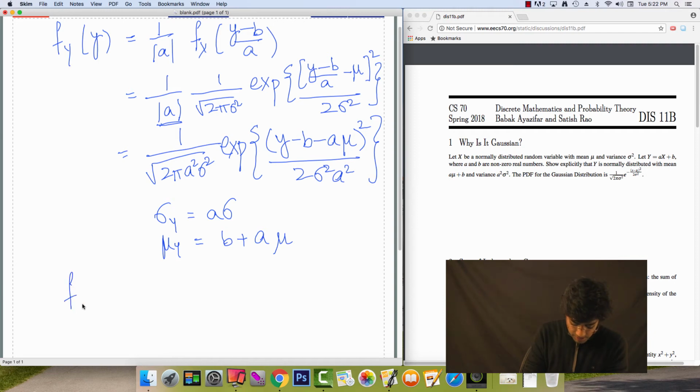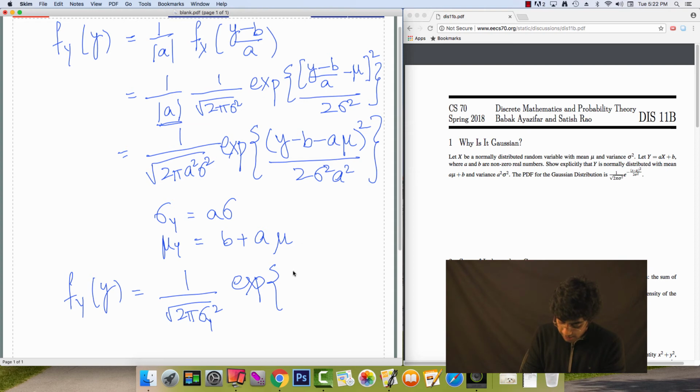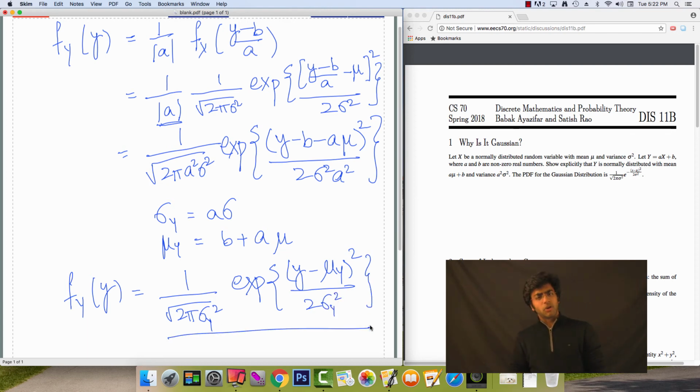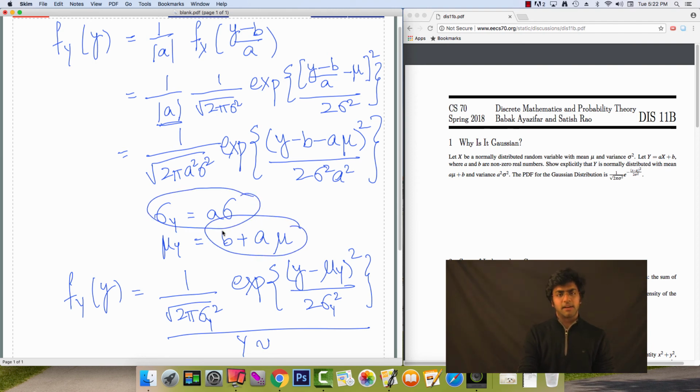So I get that my PDF is 1 over root 2 pi sigma_Y squared times the exponential of (y minus mu_Y) squared over 2 sigma_Y squared. Now this has the same form as a Gaussian PDF, so we conclude that in fact capital Y not only has this as the mean and this as the variance, but it is normally distributed with these parameters. Thank you.